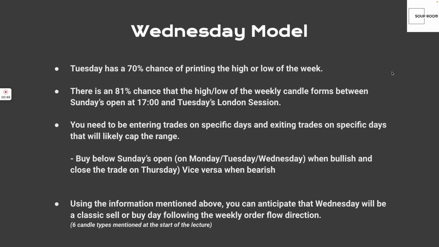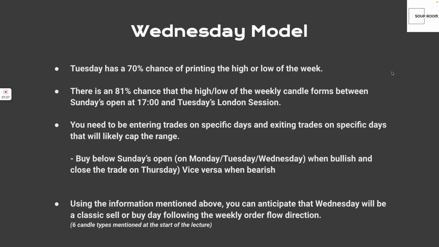You need to be entering trades on specific days and exiting trades on specific days. Buy below Sunday's open on Monday, Tuesday, or Wednesday when bullish, and close the trade on Thursday. Vice versa when bearish, so that means sell above Sunday's open on Monday, Tuesday, or Wednesday when bearish, and close the trade on Thursday.